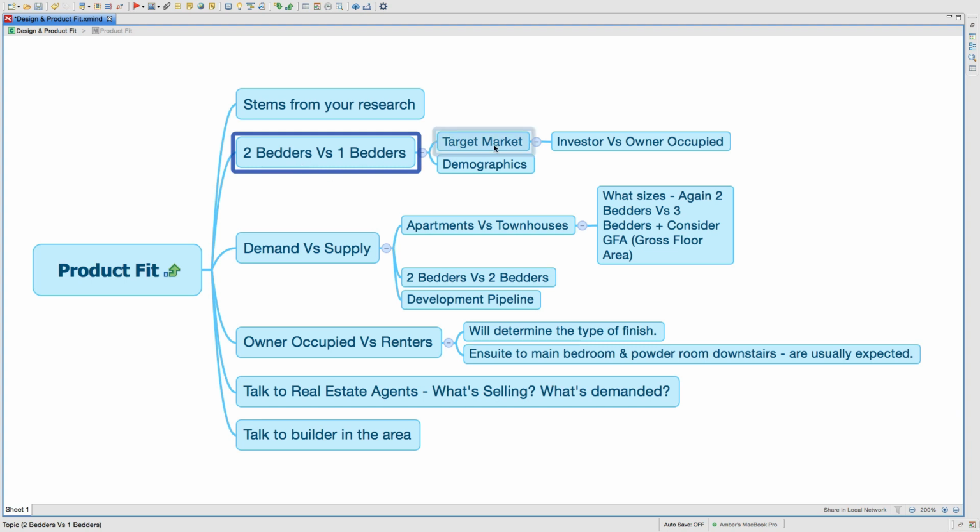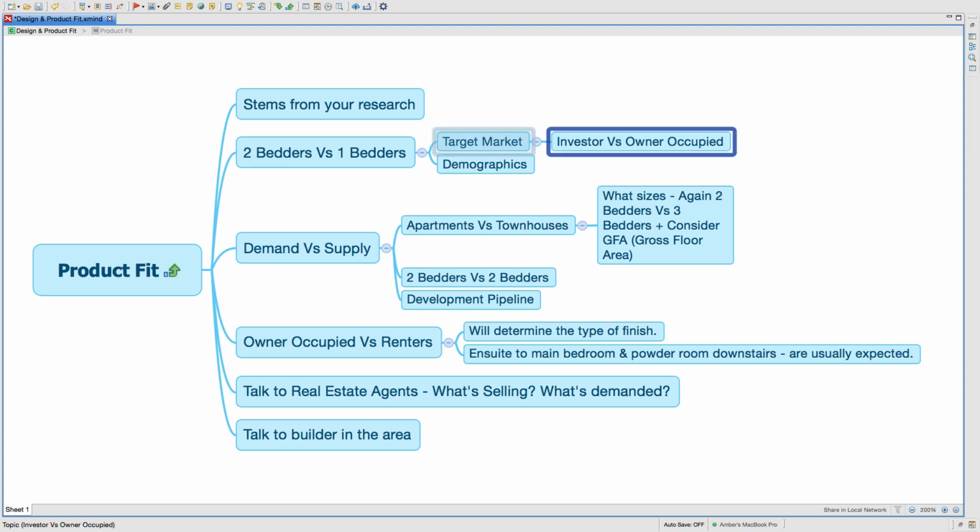Is your target market investor or owner occupied? All these things will determine the kind of finish you will have in your product. Demographics, are they old people who are in that area, or are there people migrating from more expensive suburbs to suburbs that are a little bit further back, but they are more affordable and they are downsizing?